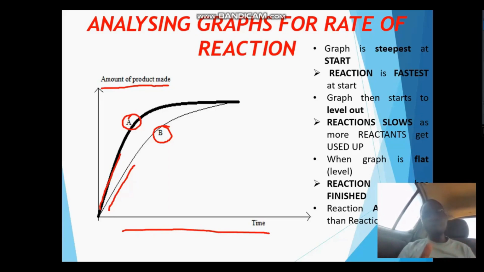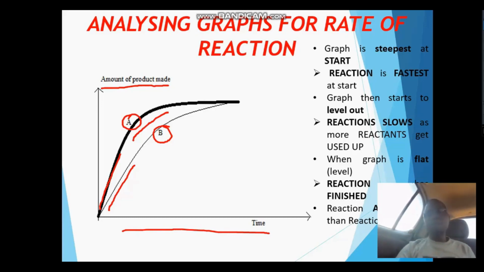But what happens as the reaction is moving? When you look at here, the graph comes lower. This simply means the production in the reaction is becoming slower.